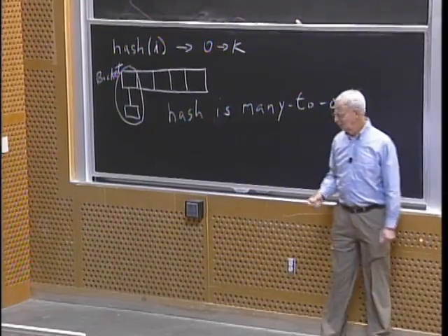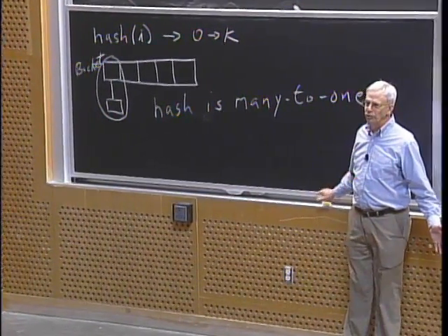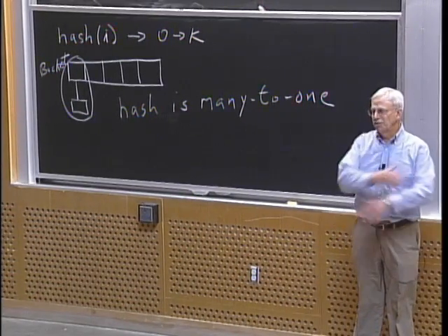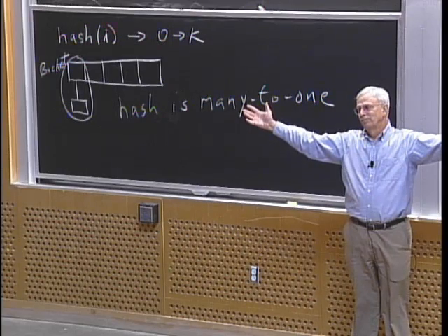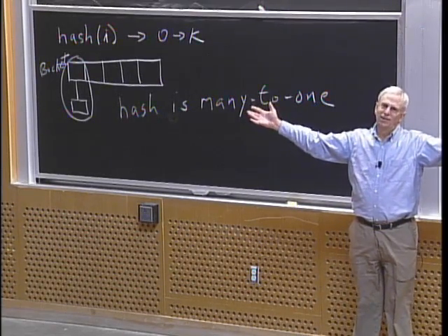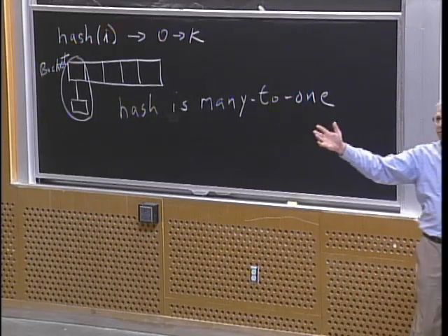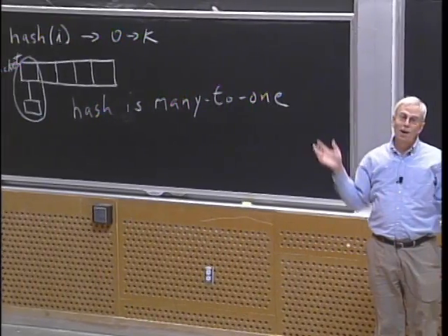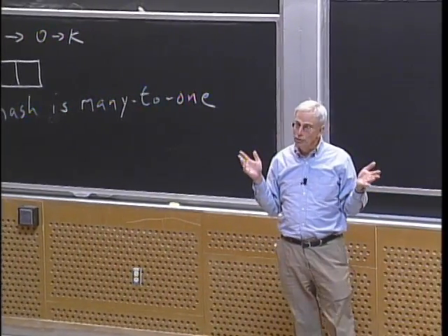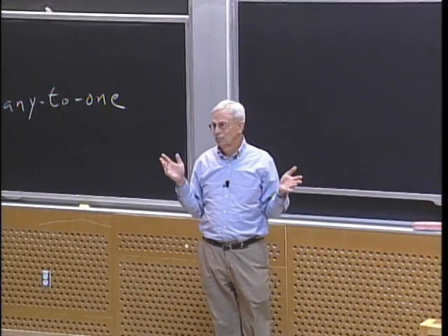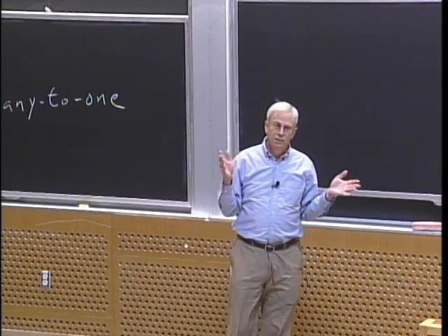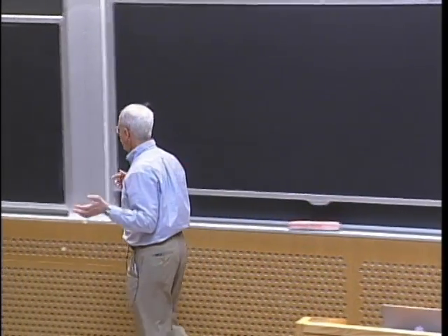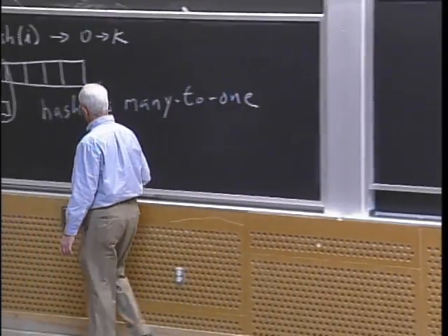That is to say, an infinite number of different integers will hash to the same value. Since after all, I have a set in which I can store any integer, or any positive integer at least, and there are only 47 buckets. So it's pretty obvious that many integers will hash to the same bucket. When two different elements hash to the same bucket, we have what is called a collision.